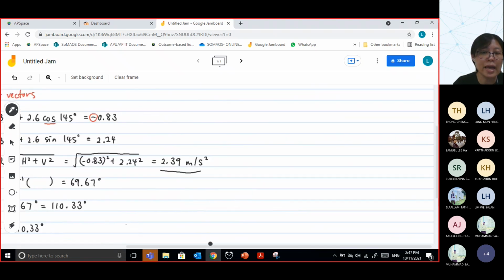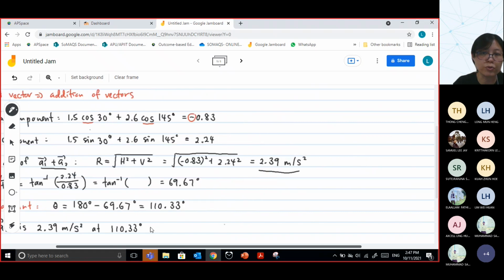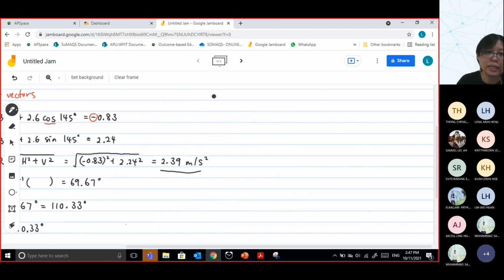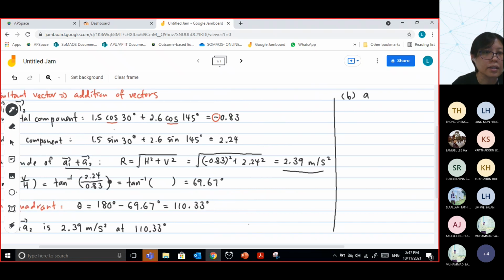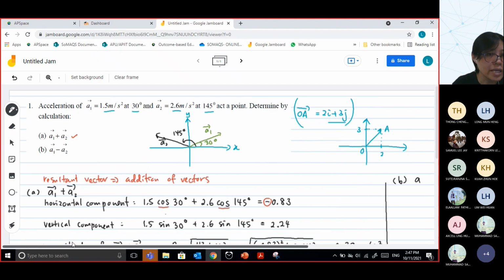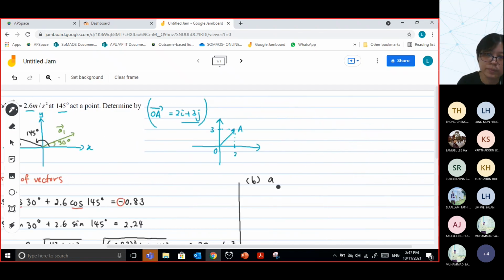Just now we have A1 plus A2, right? Then how about the second one, which is A1 minus A2?